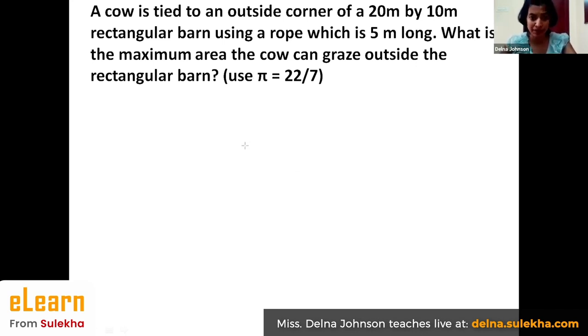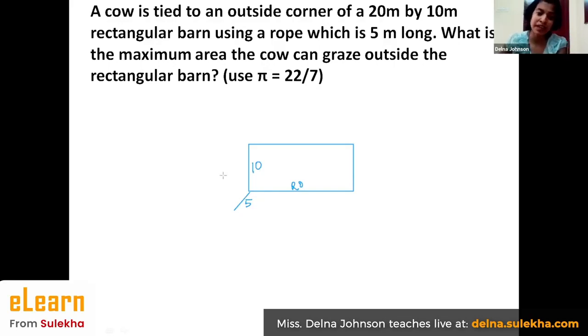Say this is the rectangular barn, 20 meter cross 10 meter, and then a rope is tied which is 5 meter long. And what is the maximum area the cow can graze outside the rectangular barn? That is the problem here. They've asked outside the rectangular barn.